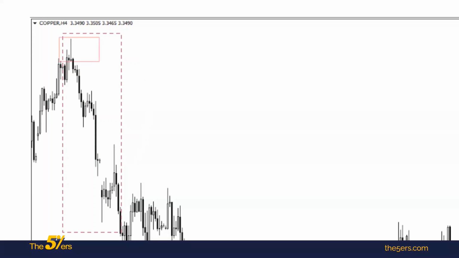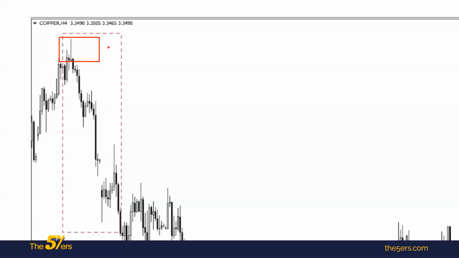So we mark this line, this neck line, and just on the top, the very tip of where price went in there, this will be our outer border for that zone.